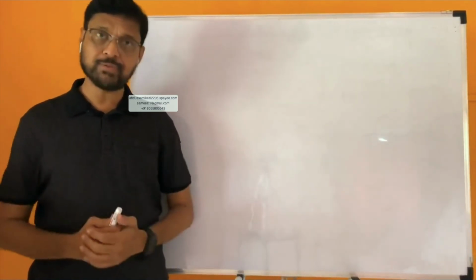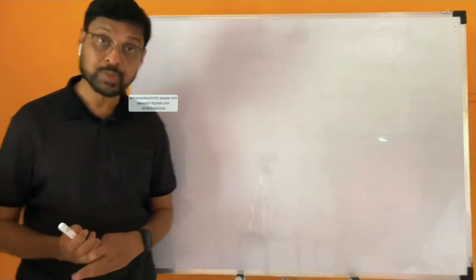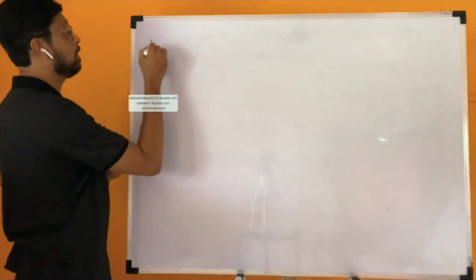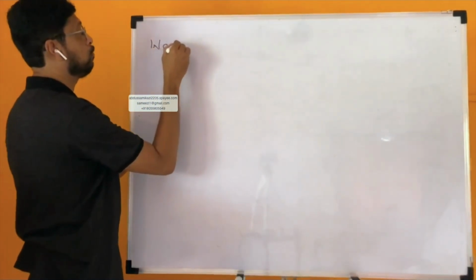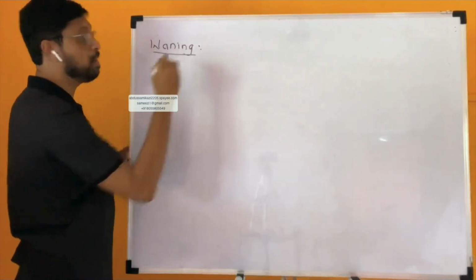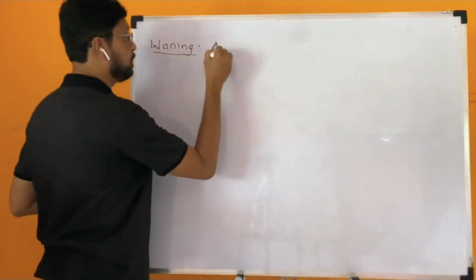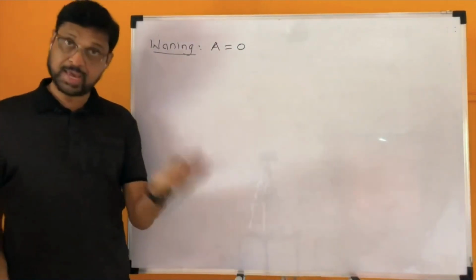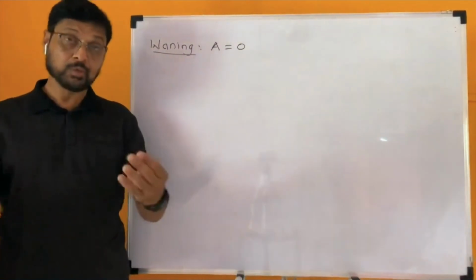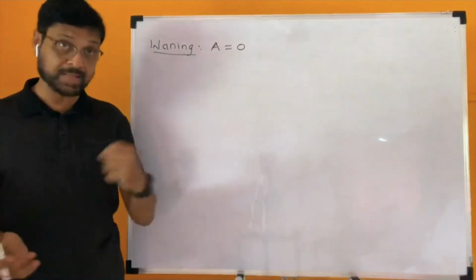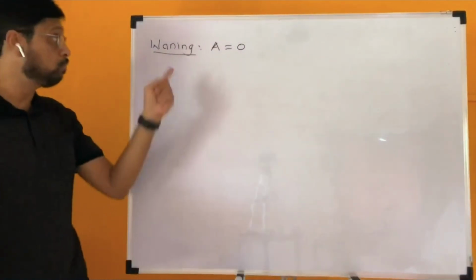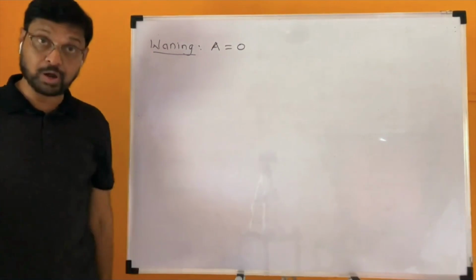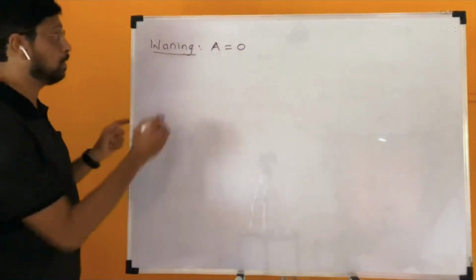You can find the frequency of beats using waning also. Waning means minimum sound, means amplitude is equal to 0. एक वेव का एम्पलीट्यूड A, दूसरी वेव का एम्पलीट्यूड A, दोनों का मिनिमम कितना हो सकता है? A - A, that is equal to 0. So when there is waning, amplitude of the resultant is equal to 0.